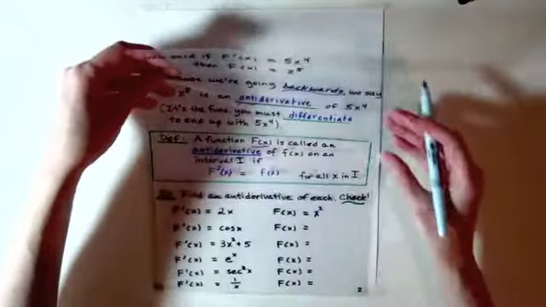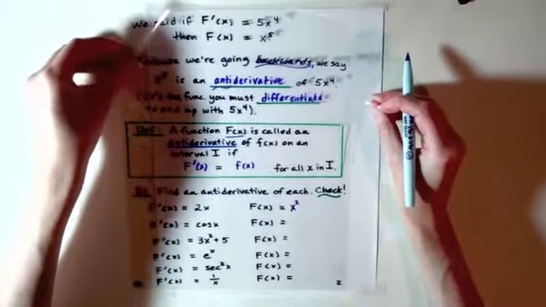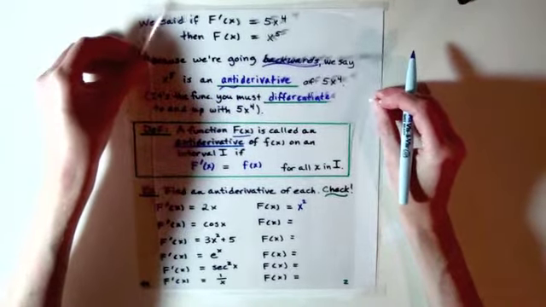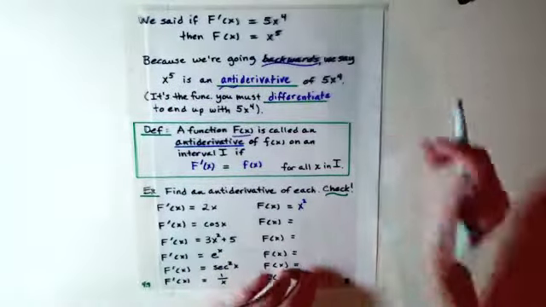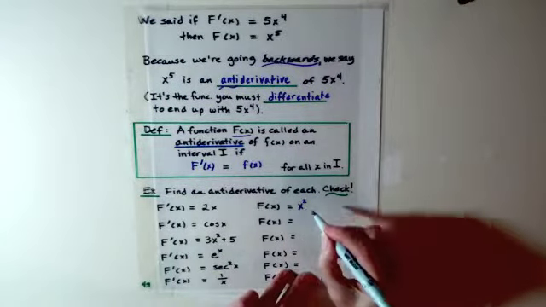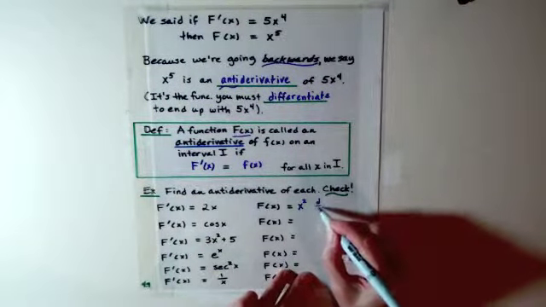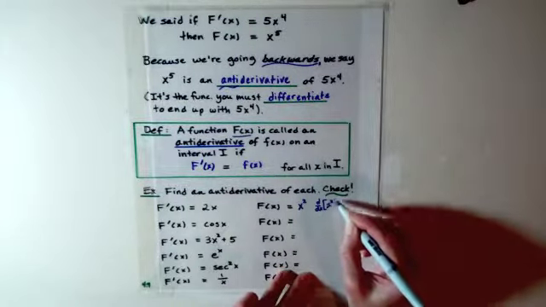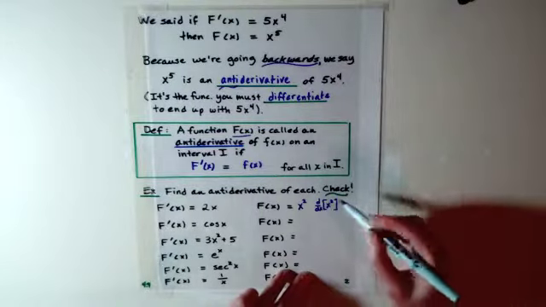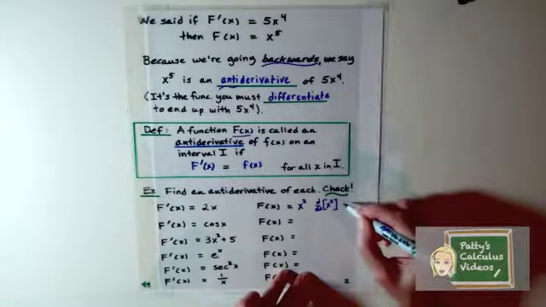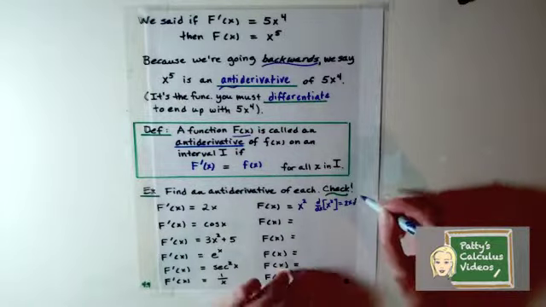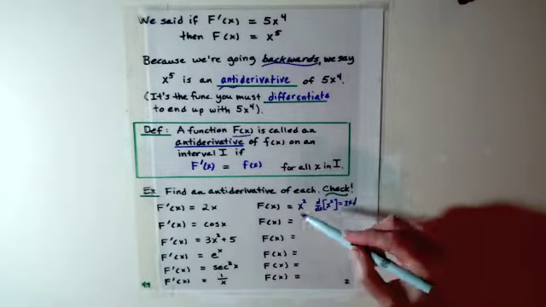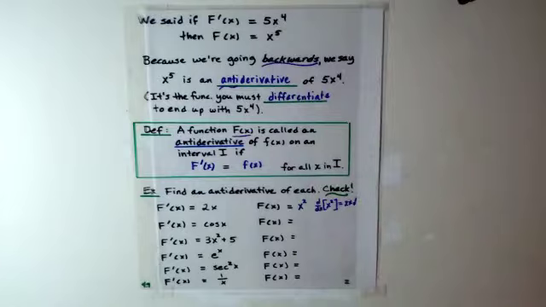If I want to check it, I can go back and find the derivative of what I think is the correct antiderivative. I find the derivative of x squared, and sure enough, I get 2x. So x squared is an antiderivative of 2x.